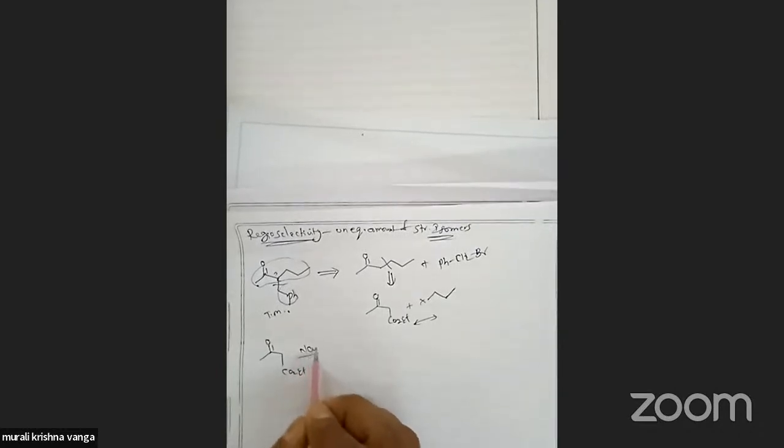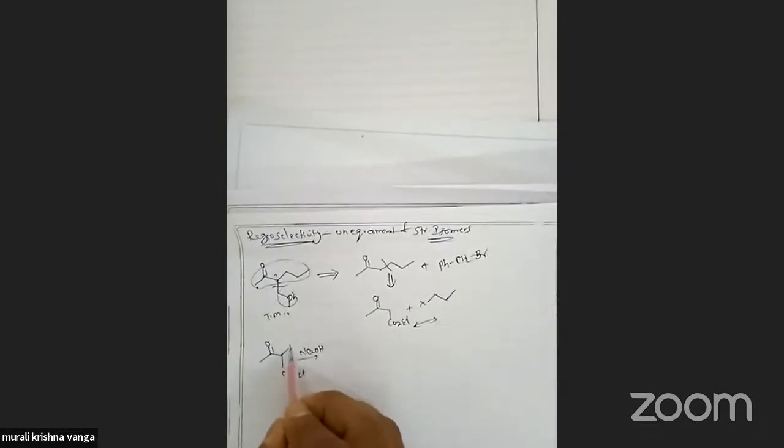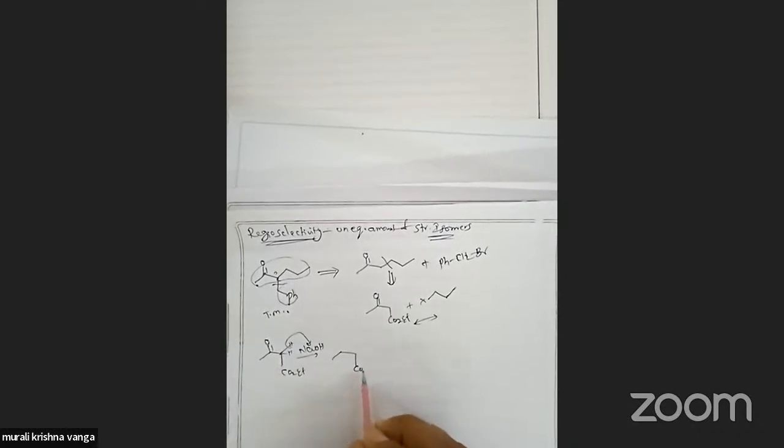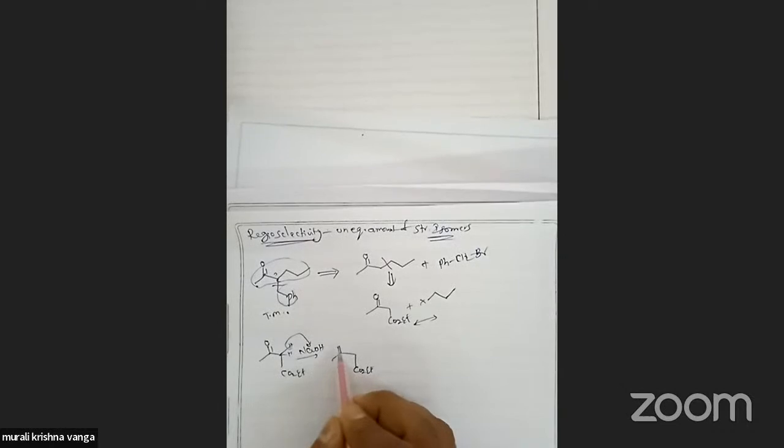First, it is reacting with base. The base subtracts the proton from here, and then a negative charge is produced at the alpha position of the carbonyl and ester. This negative charge, when reacting with propyl halide, displaces the halogen.